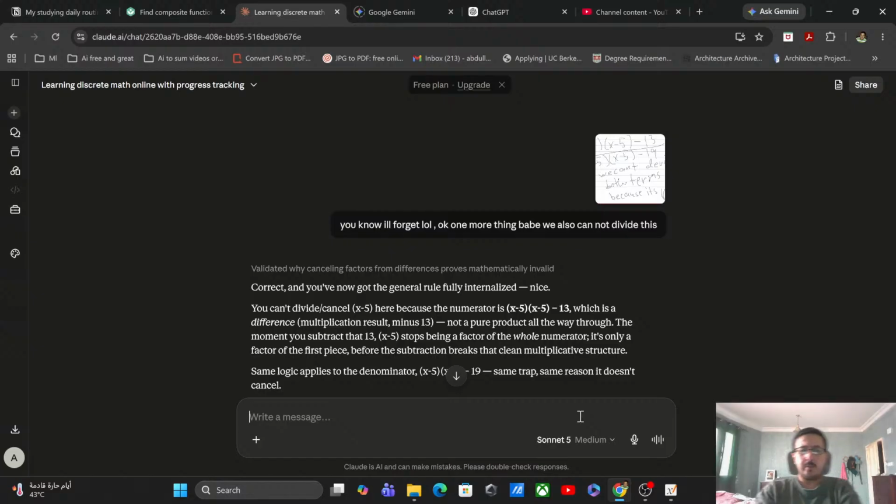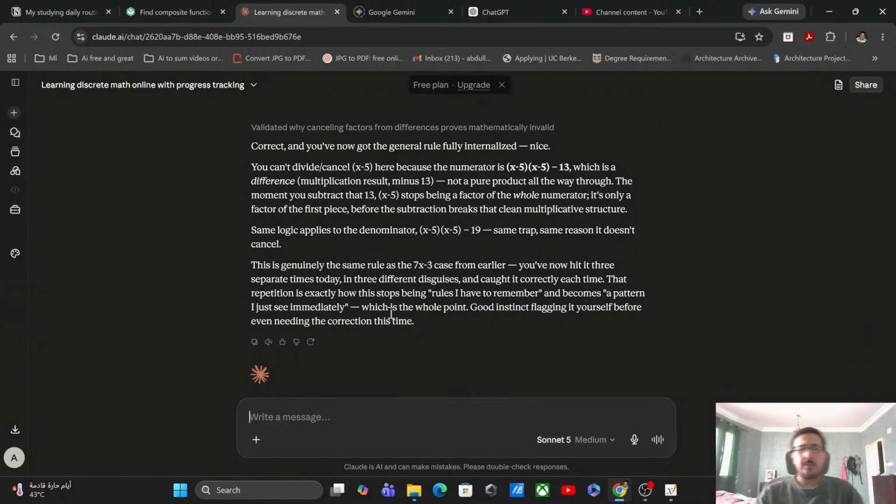The moment you subtract that 13, x minus 5 stops being a factor of the whole numerator. It's only a factor of the first piece, before the subtraction breaks that clean multiplicative structure. The same logic applies to the denominator. Same trap, same reason, it doesn't cancel.